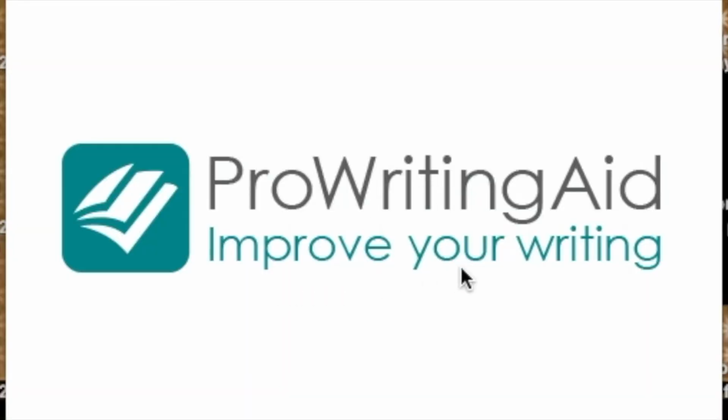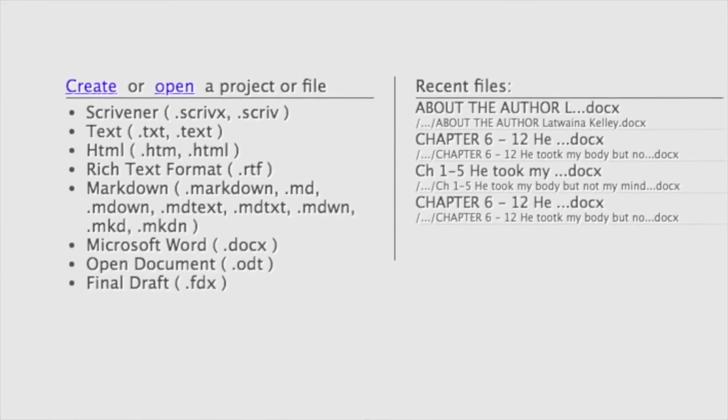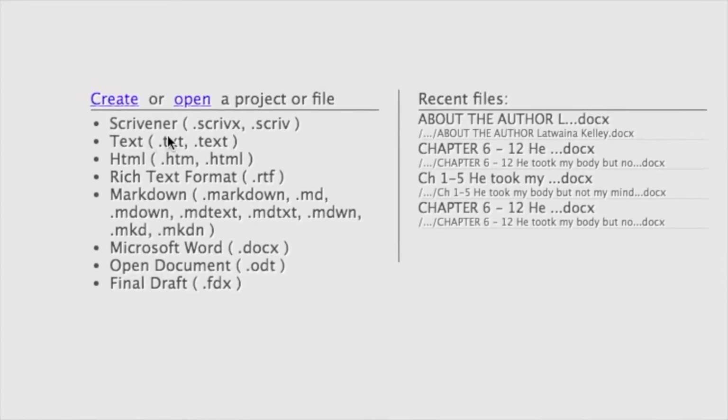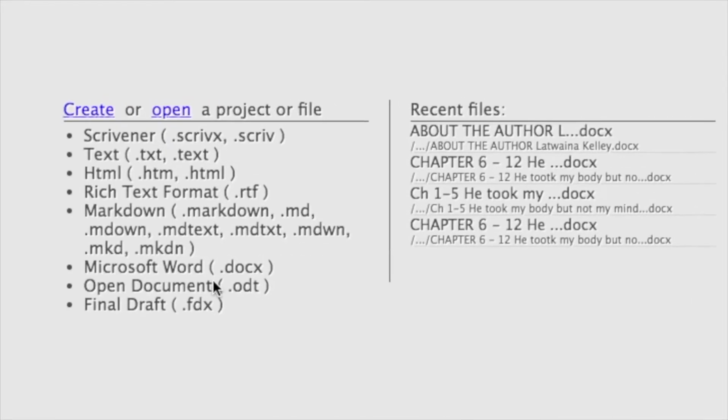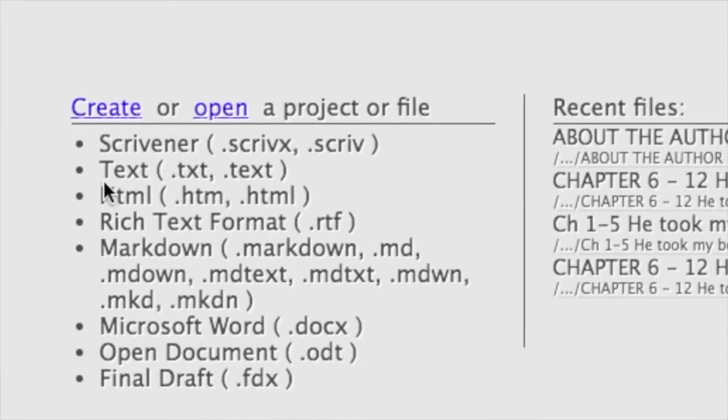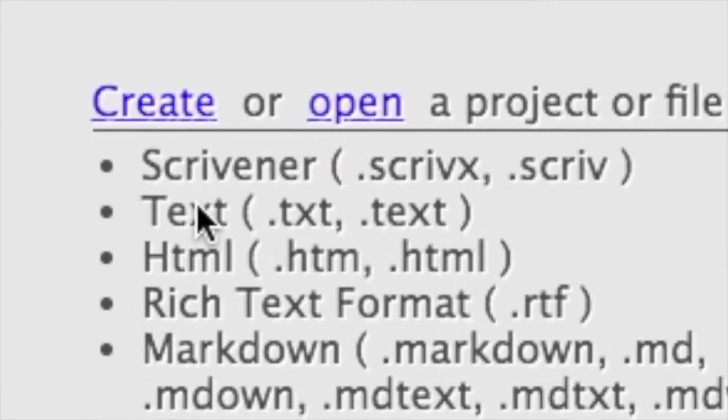And you see right away, they let you know they are here to not only edit your works, but improve your writing. All right, so one of the things that I like about ProWritingAid is you can open up a file from Microsoft Word, which is pretty normal, but you can even open up a file from Scrivener.